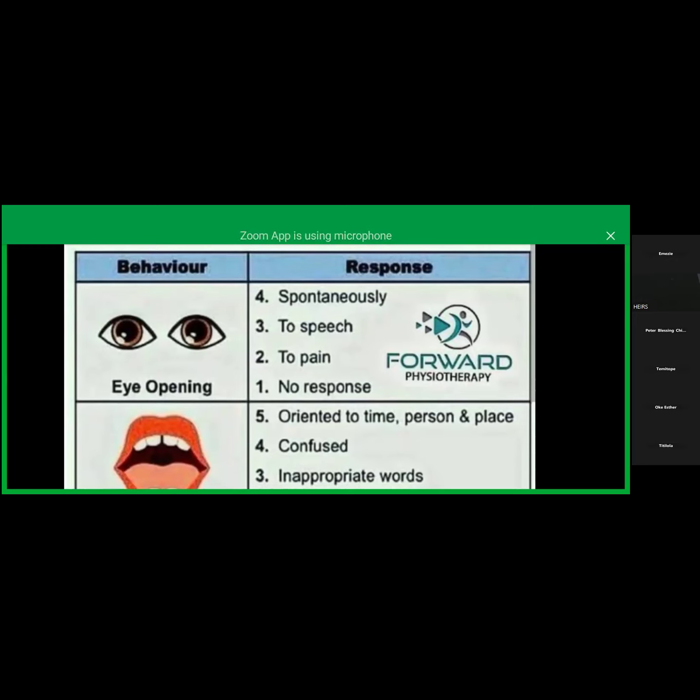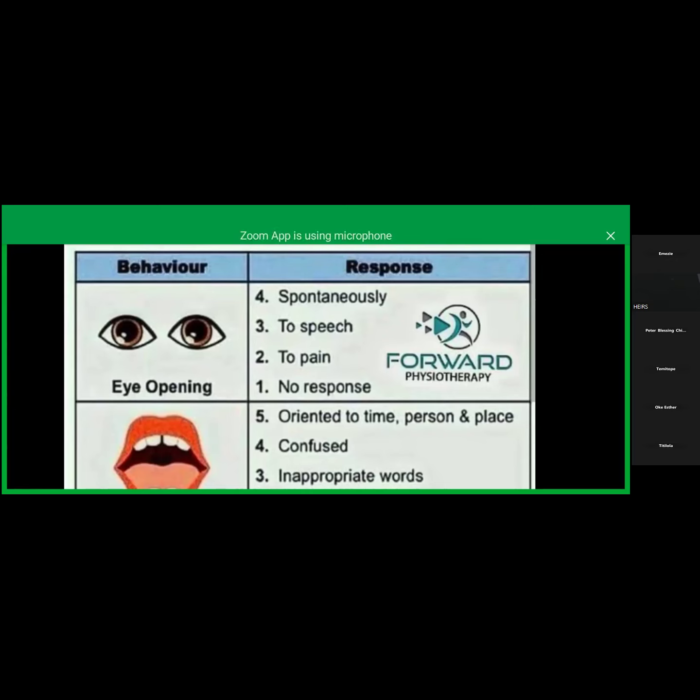We usually use our knuckle. We use our knuckle and press hard on the mid chest of the patient, with the knuckle of our right hand. So if we apply that pain and the patient opens the eyes, we say the patient's eye opening is 2.